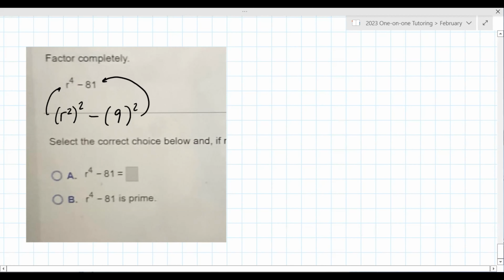Very good. Okay. So what's inside the parentheses is your a and your b. Let me rewrite it off to the side here, sorry, let me do this one more time. R squared minus 9 squared. This becomes r squared minus 9, r squared plus 9.